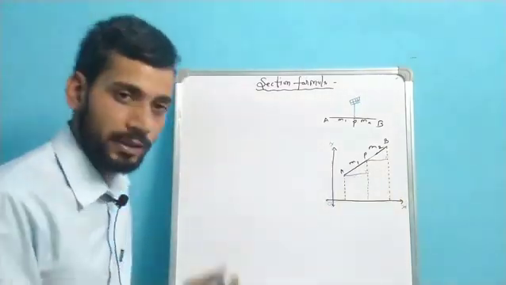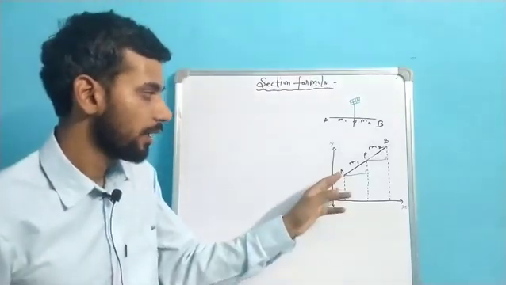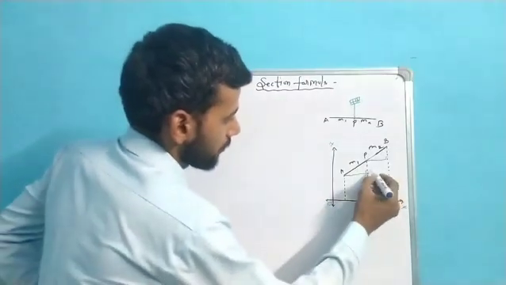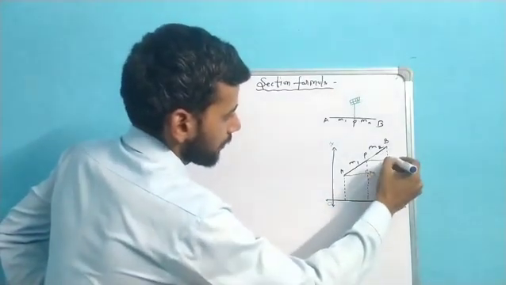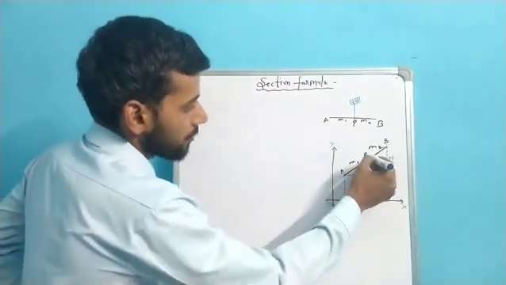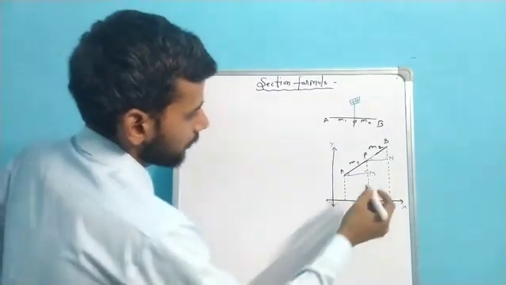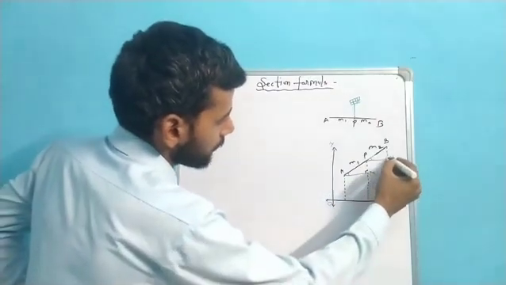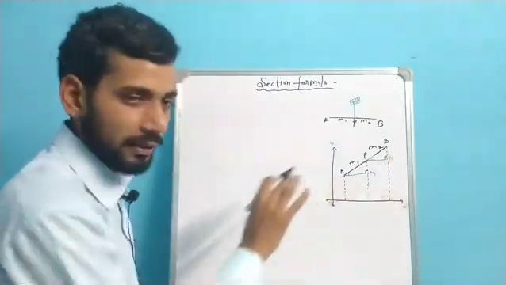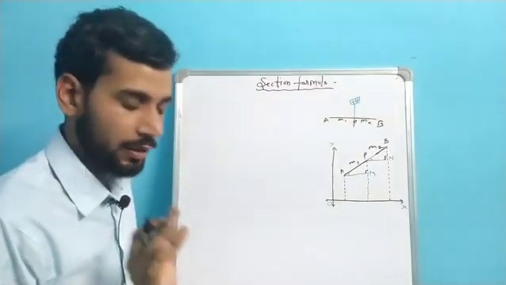We can see here AP, and this is the point, suppose M, and this is N. This angle equals this angle, and this will be 90 degrees. If these two angles are equal, that means the third angle is always equal.